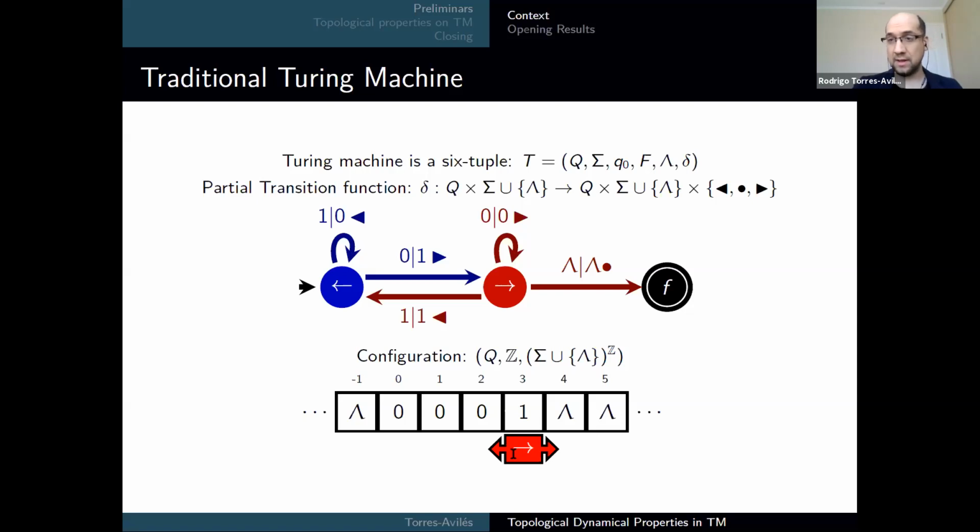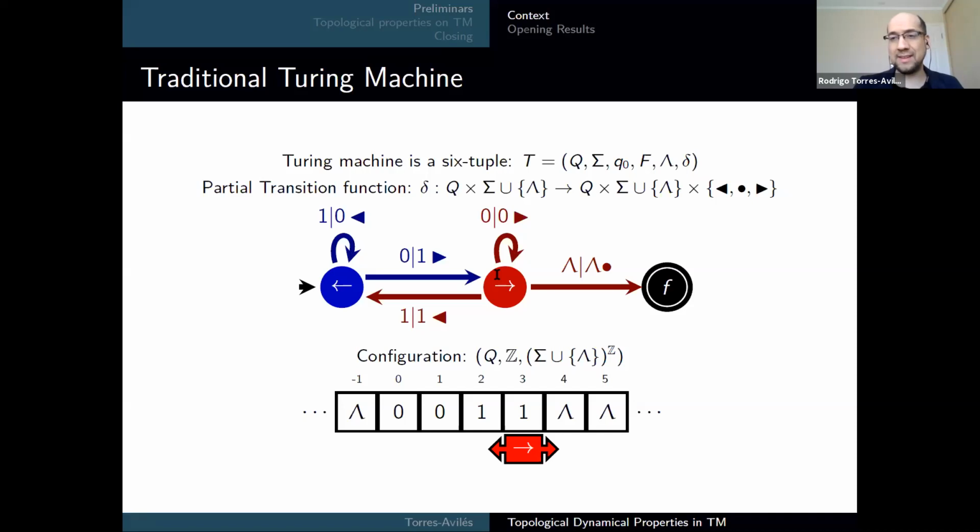If we have, in this case, a state right arrow, and we see the symbol 1 in the tape, we replace it by 1 following this instruction, and go to the left, to the state left arrow. Now in this case, with the state left arrow, if we see the symbol 0, we replace it by symbol 1 and go to the right, again to the right arrow.